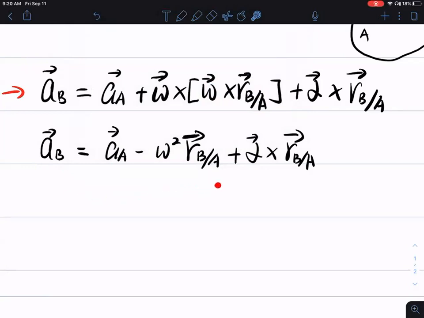Okay, there's a new guy inside of this equation. Who is new? Alpha. Alpha is a new guy here. Make a note here. Alpha is the angular acceleration of the rigid body.